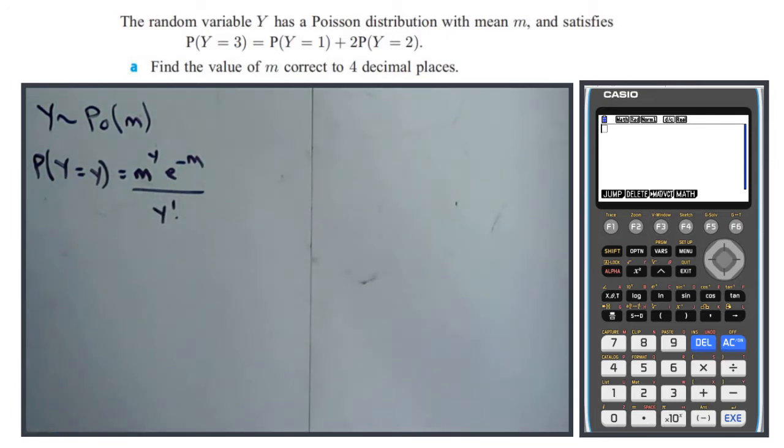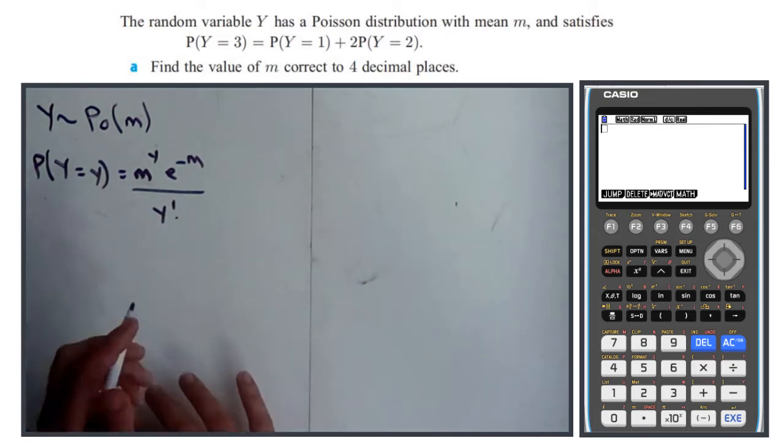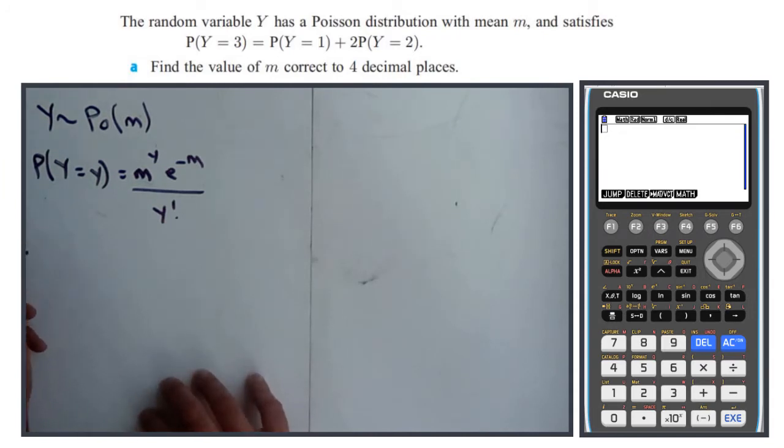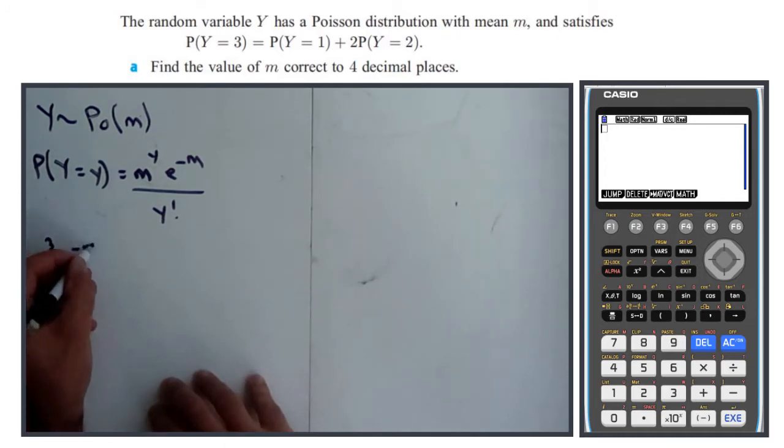So then we just write down everything we know. P(Y=3) in terms of this would be m to the 3 times e to the minus m over 3 factorial.